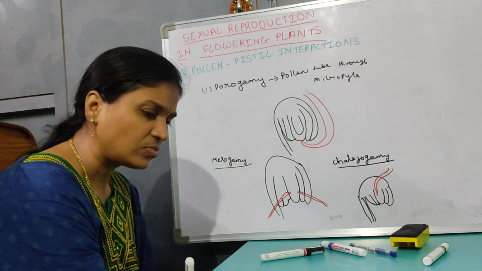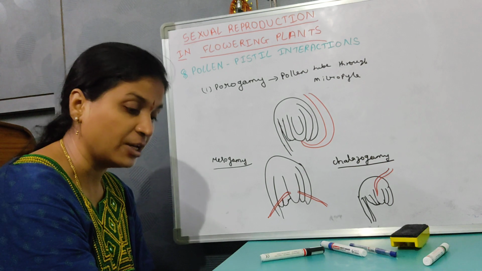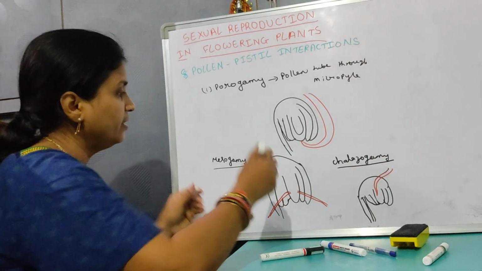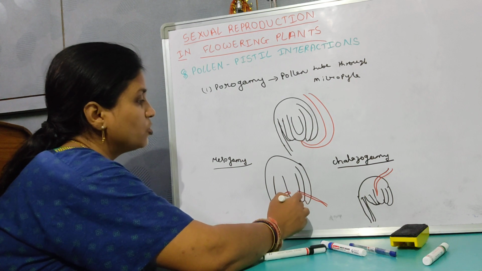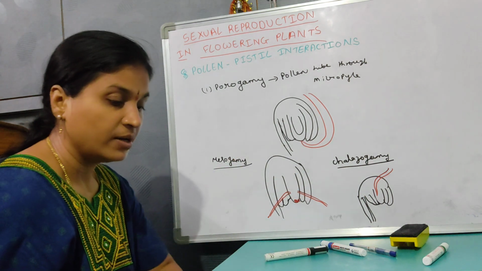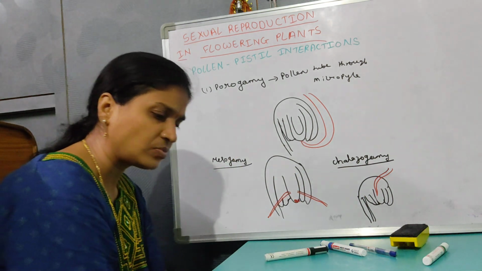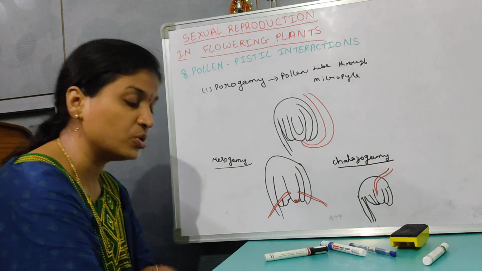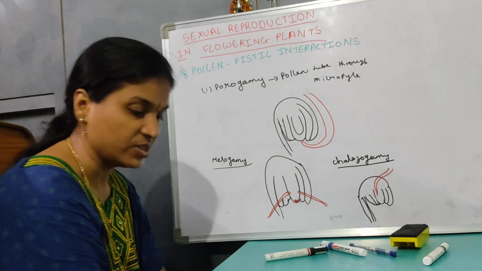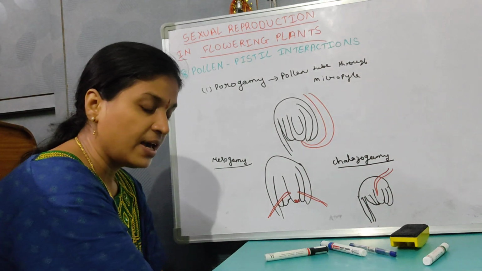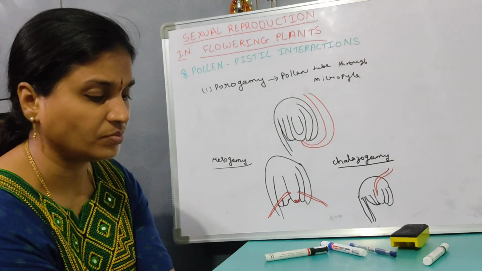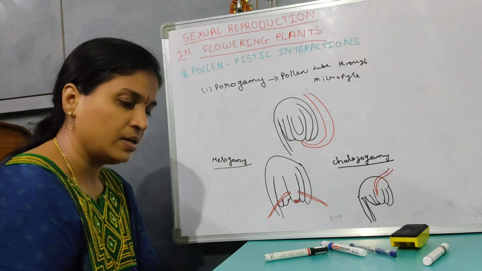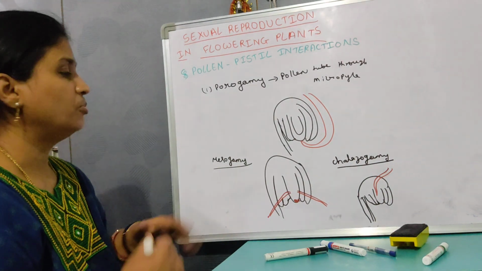So the filiform apparatus which are present at the micropylar end, here they are going to guide the pollen tube to enter into the embryo sac. Then what happens? That is about the pollen-pistil interaction.